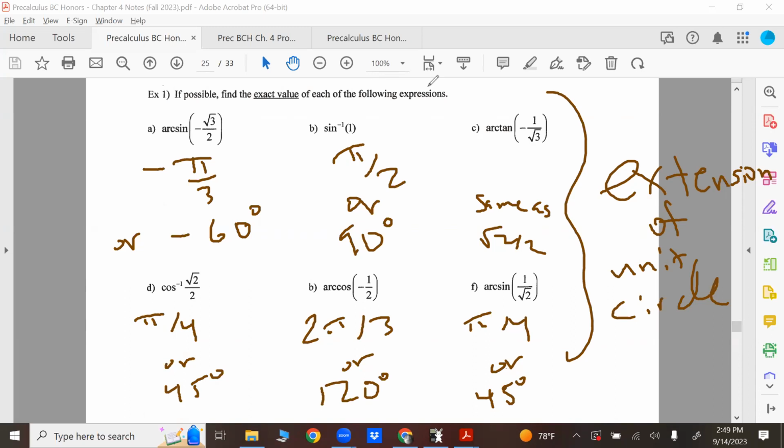Reference angle is 30 degrees, but it's in the fourth quadrant. Should be negative pi over 6, I think. Yeah. Or negative 30 degrees. Yep. There we go. Very good.